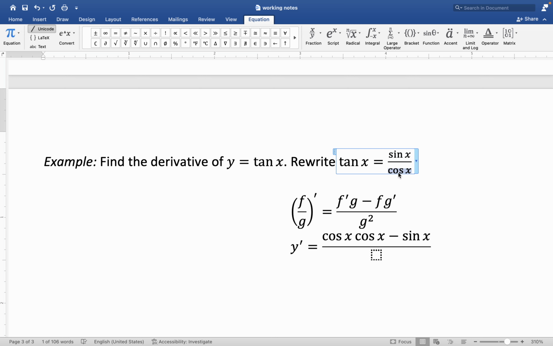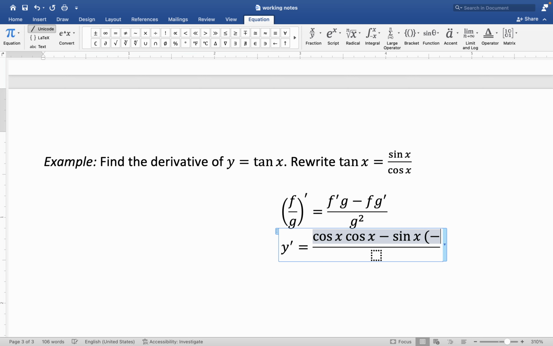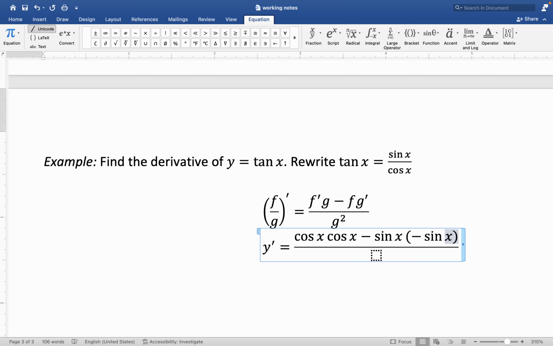Well, the bottom is cosine of x. The derivative of that guy is negative sine of x, all over g squared. So that's the bottom squared. So that's just cosine squared x, or you could write cosine of x in parentheses all squared.